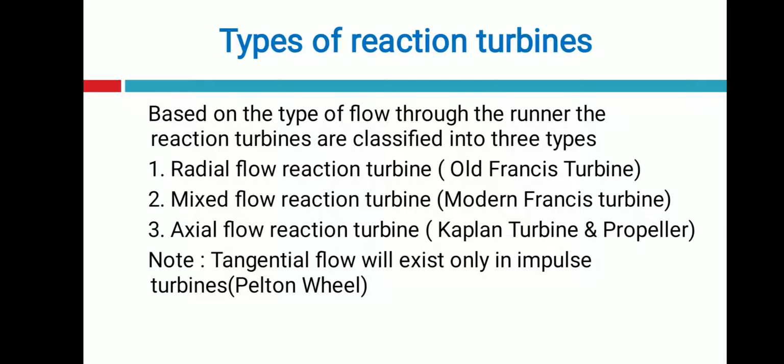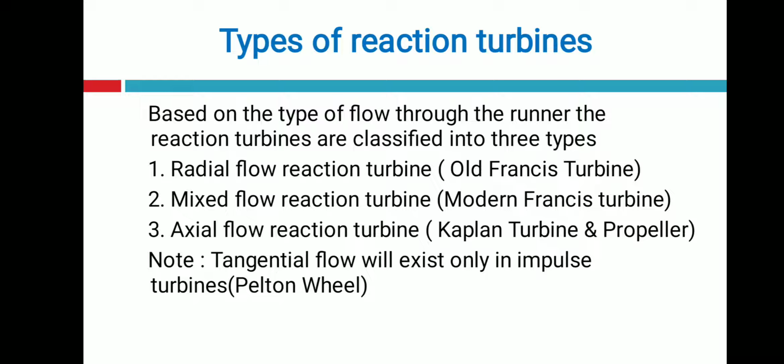Next, reaction turbines based on the type of flow through the runner are classified into three types: radial flow reaction turbine, mixed flow reaction turbine, and axial flow reaction turbine. The example for a radial flow reaction turbine is the old Francis turbine. Mixed flow means it consists of both radial flow as well as axial flow.